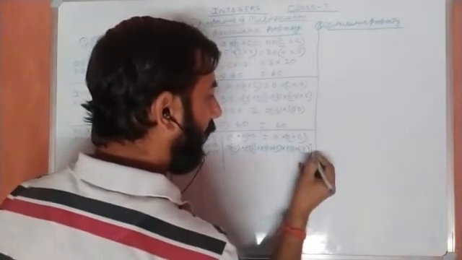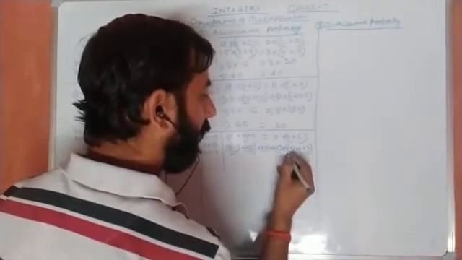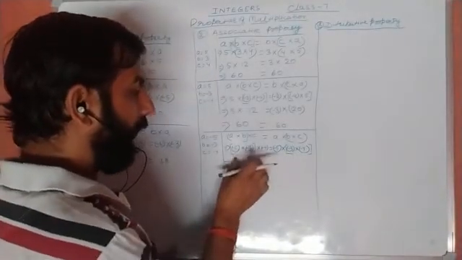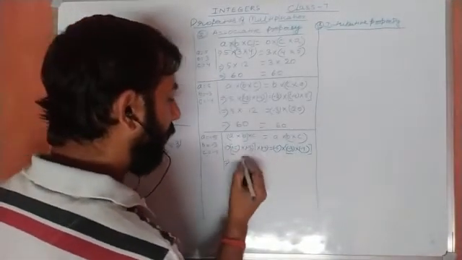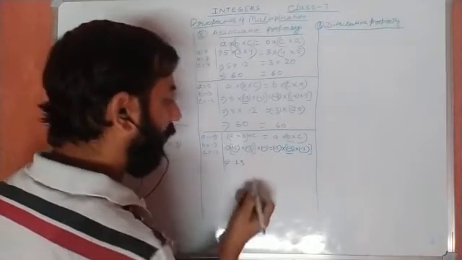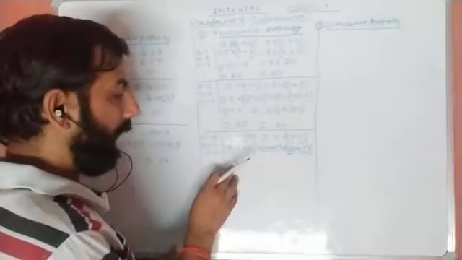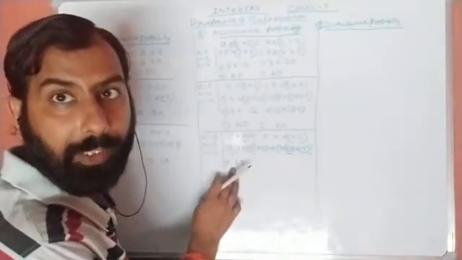Now put this in a big bracket. Now we will solve it. First the bracket. 5 3s are 15. What will be the result? Minus minus plus. So the answer will be plus 15.